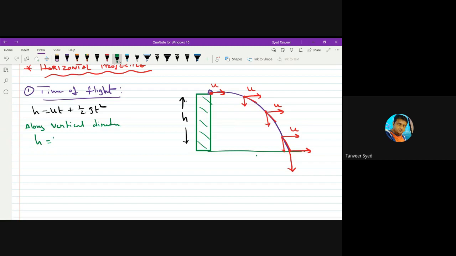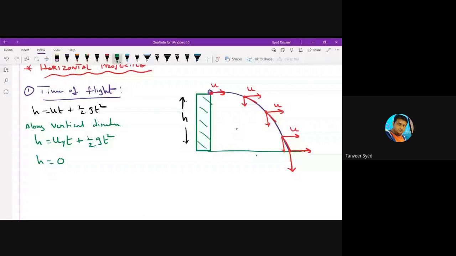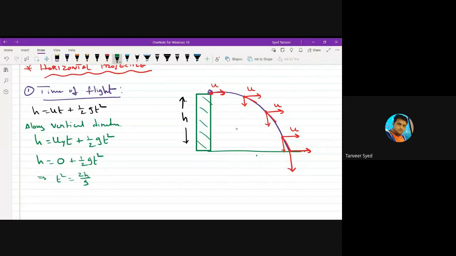Vertical velocity, uy into t, plus, because it is coming down, half g t square. Now, uy is 0. Initial vertical velocity is 0, plus half g t square. That means t square is equal to 2h by g, or t is equal to root of 2h by g. Root of 2h by g is the time of flight.